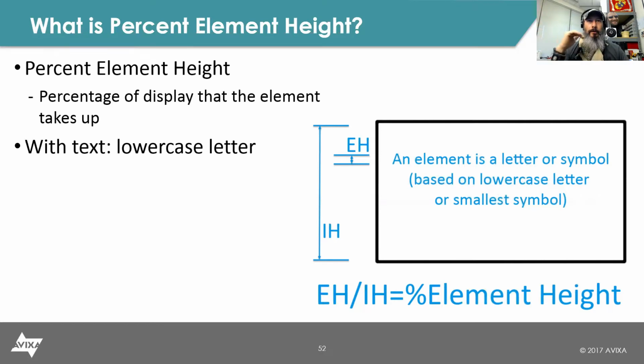So let's do some quick math here. Let me find my handy dandy calculator. If I did 0.075 times 200, that would be 15. 46 times 15 is 690 inches.